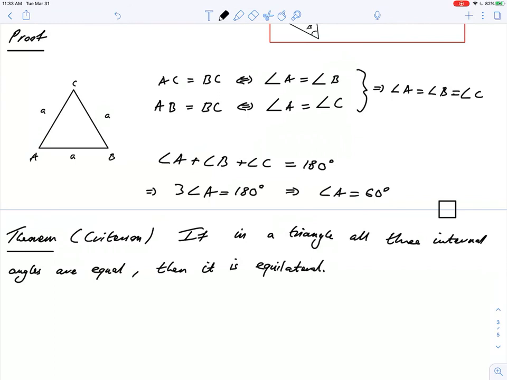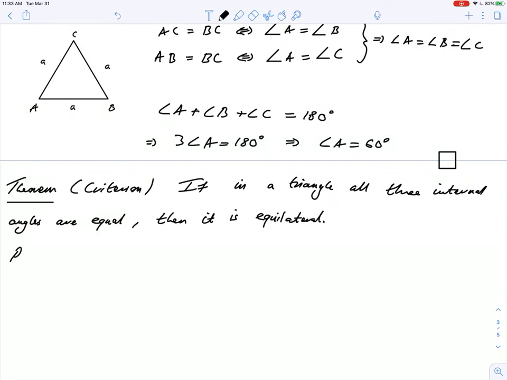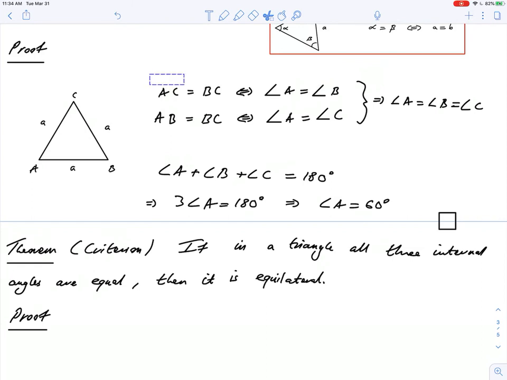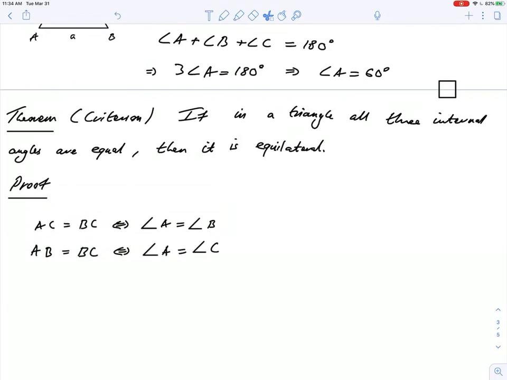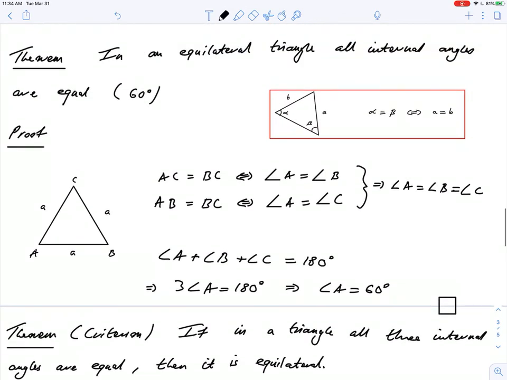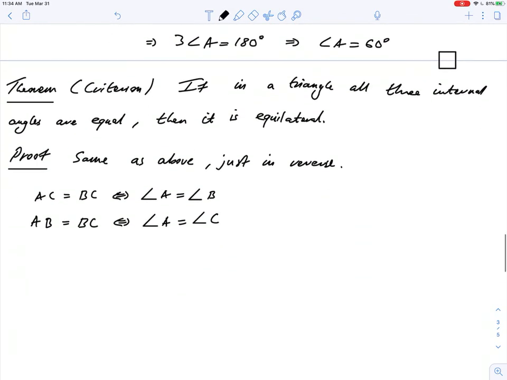Kind of really obvious, but same basic deal. The proof is just the same as above, really. It's done above because all of these things are if and only if conditions. If the angles are the same, so are the sides. It's the same thing in reverse, which we know we can do because this condition is an if and only if condition.